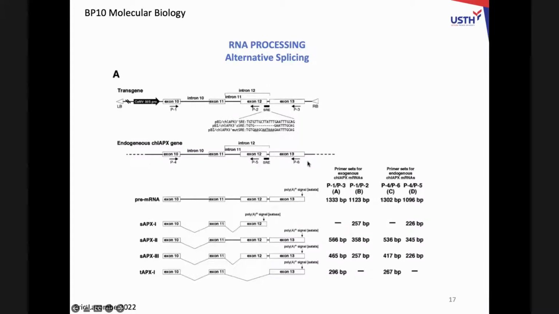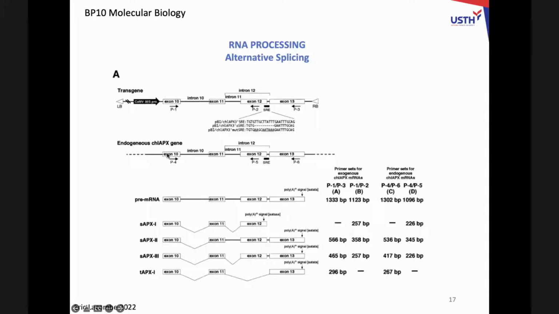So what is happening is that once this gene is transcribed by Pol2, as a classical Pol2 gene, the pre-mRNA, the hnRNA, is composed of all the introns and all the exons. Once the splicing occurs, there are two main versions of the processed RNA that are produced, and I will show you just after what's happening.